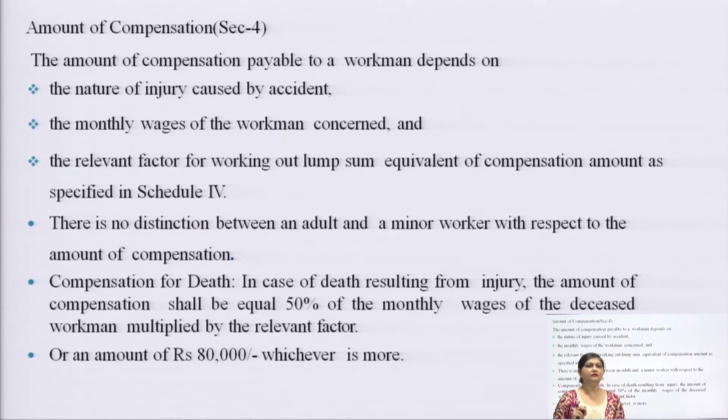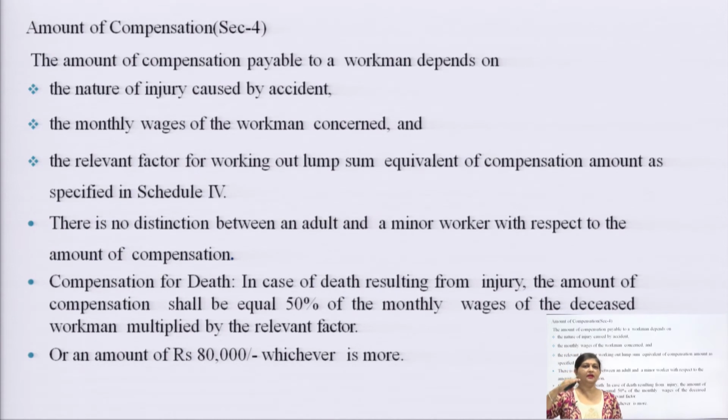So, compensation for death. In case of death resulting from injury, the amount of compensation shall be equal to 50% of the monthly wages of the deceased workman multiplied by the relevant factor, right. These relevant factors will be different for adult workers and minor workers, right, or an amount of rupees 80,000, whichever is more.